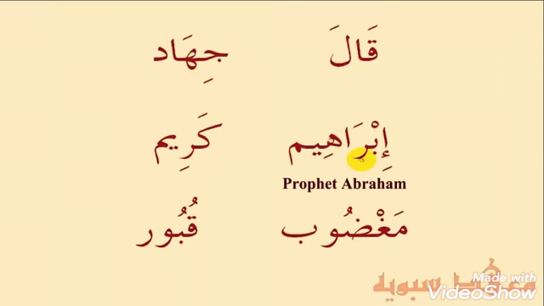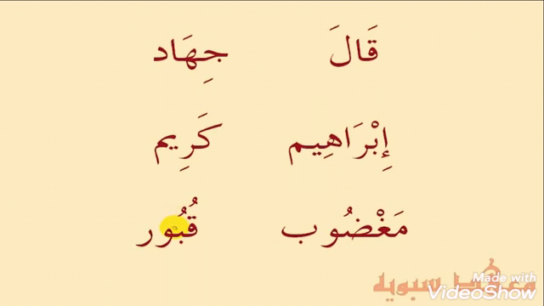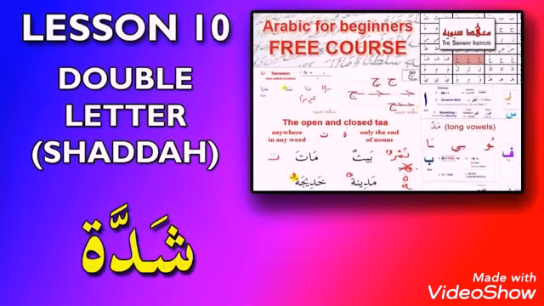Ibrahim is the Arabic name for Prophet Abraham, peace be upon him. And as we said, Kareem means one who's generous. Maghdoob denotes somebody who is the object of anger, so one who anger is directed towards. And finally we have the word qubur. Qubur is the plural of the word qabr, which means grave. So qubur means graves. Walhamdulillahi Rabbil Alameen.